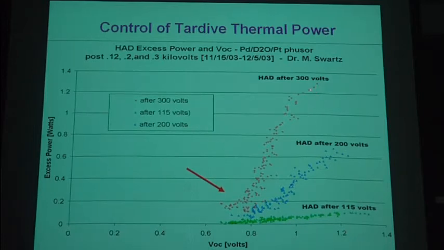So we turn off the electric field. We're getting out 1.3 watts of heat after death for free. We're measuring an open circuit voltage. Now, by open circuit voltage, I mean we take our cell, we've already charged it up, there's no other battery or Thevenin equivalent or Norton equivalent driving it, and we put it into a Keithley electrometer so we don't discharge it too quickly, and we measure our open circuit voltage, that's VOC.